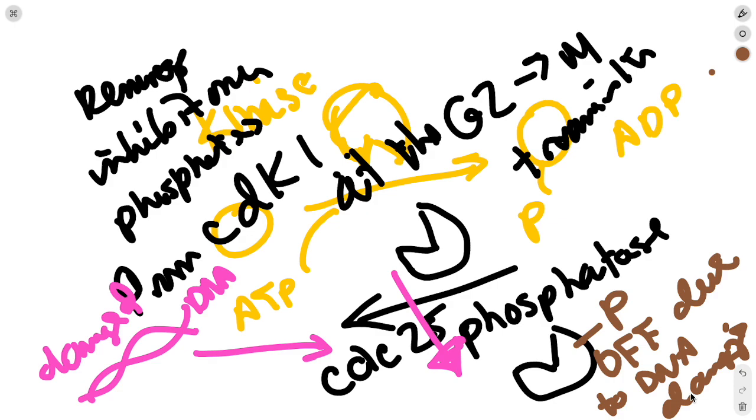Yes, Hannah. So we talked about how there's activating and inhibiting phosphates. So with START, that's the activating phosphates, and with this one here with the DNA checkpoint, that's the inhibiting phosphates. Not quite, but to start with where we are now, at the G2 to M transition, it's a DNA damage checkpoint that we're worried about.